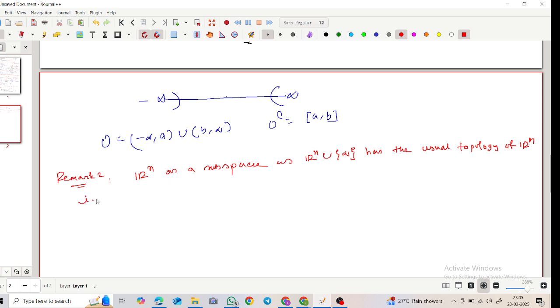That is, tau restricted to Rn is the usual or Euclidean topology.